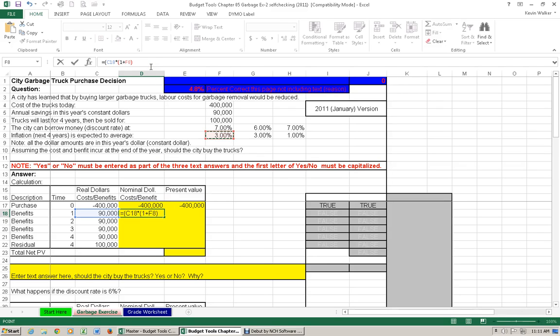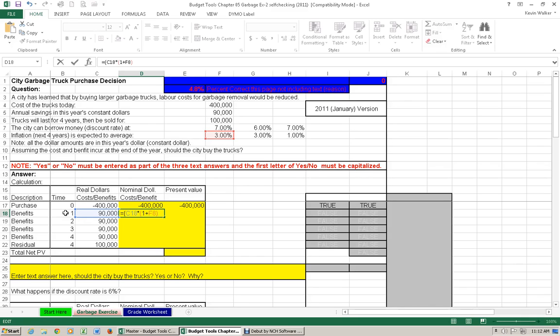So what this tells the spreadsheet is I want you to calculate our projected labor savings in year 1 by the inflation rate, which is going to tell me in the long run what this $90,000 savings looks like next year when inflation is taken into account. Here we also want to multiply this by the number of years in which inflation is acting on that number.